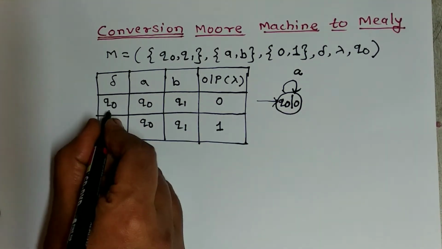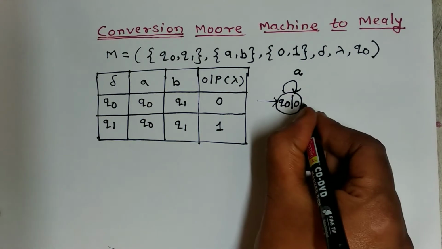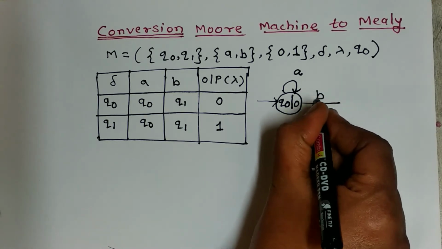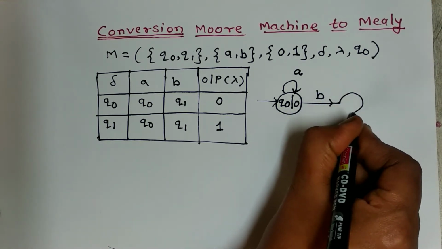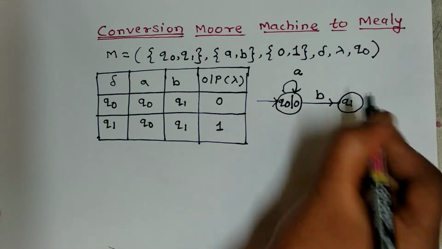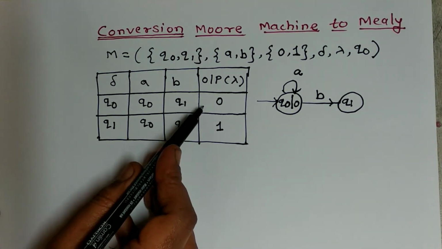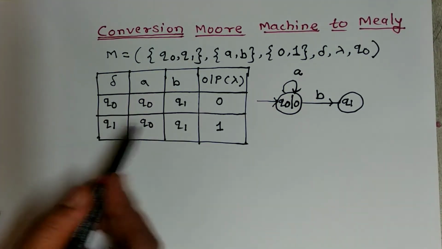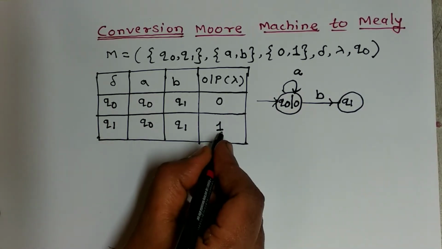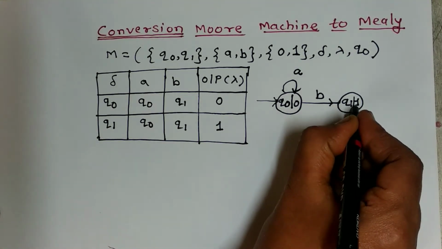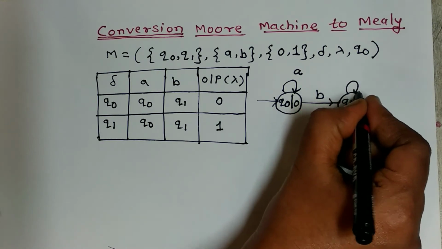Then next, Q0 by taking B goes to Q1. This is Q1, and Q1 gives the output as 1. So, mention the 1 here and B here.